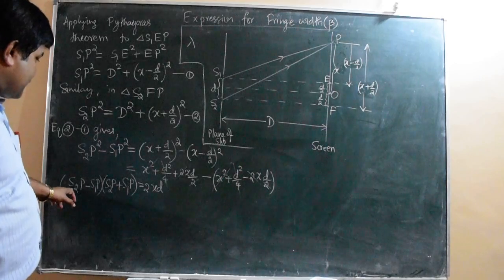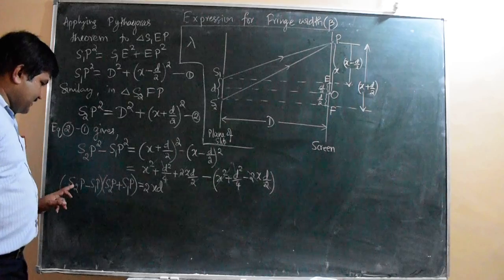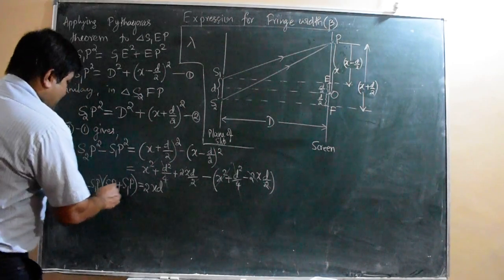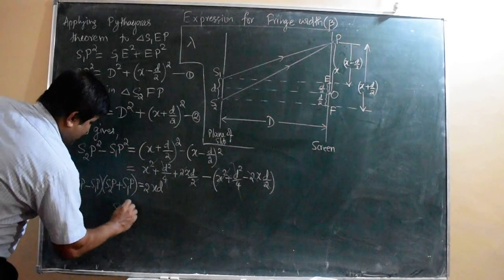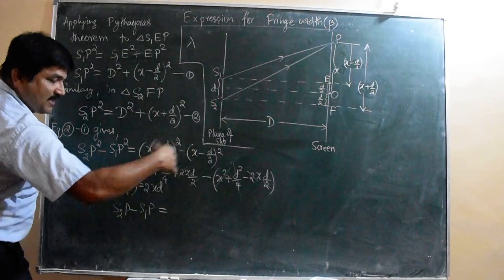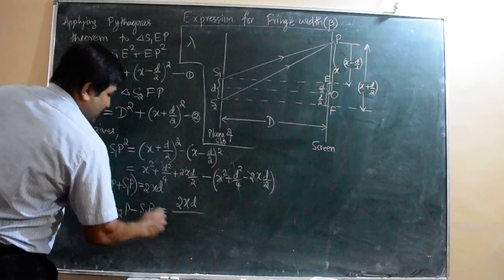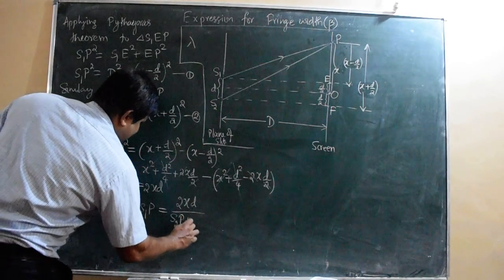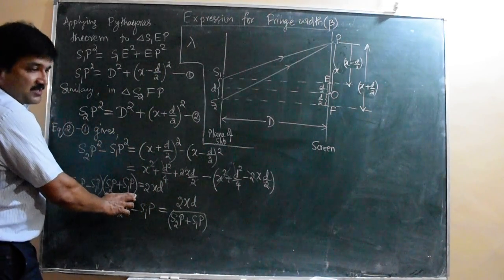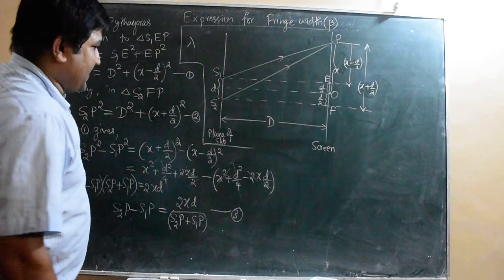Now I take only S2P minus S1P on the LHS, and the second factor I am shifting to the RHS. So it is 2xd upon S2P plus S1P in the denominator. This equation I will take as equation number 3.